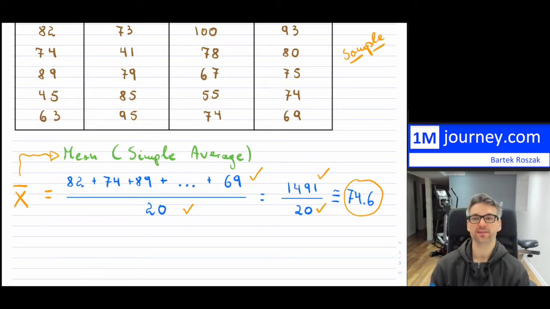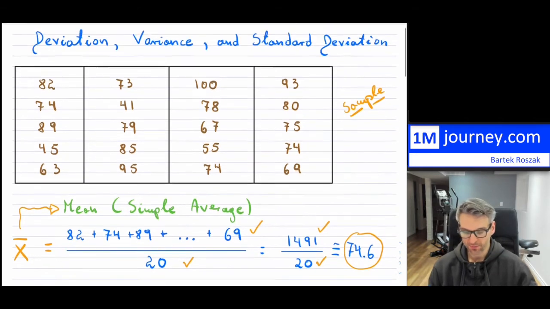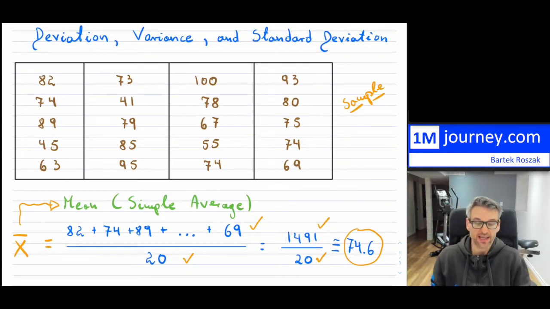Now we need that because our deviation, our variance, and standard deviation are dependent on our mean. Now these particular deviation, variance, and standard deviations are sometimes referred to as measures of dispersion. So dispersion means just how spread out your actual data is away from the center that you may have.